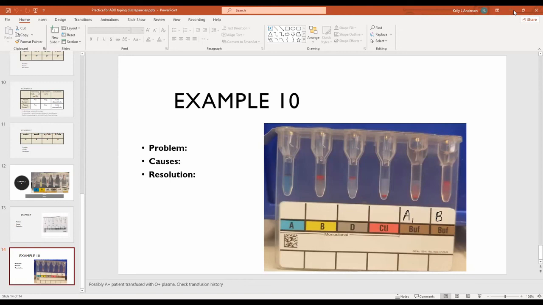Okay, so Rouleaux. So what is happening? This is your reagent A1 cell. And in Rouleaux, you have plasma that has a lot of proteins in it.